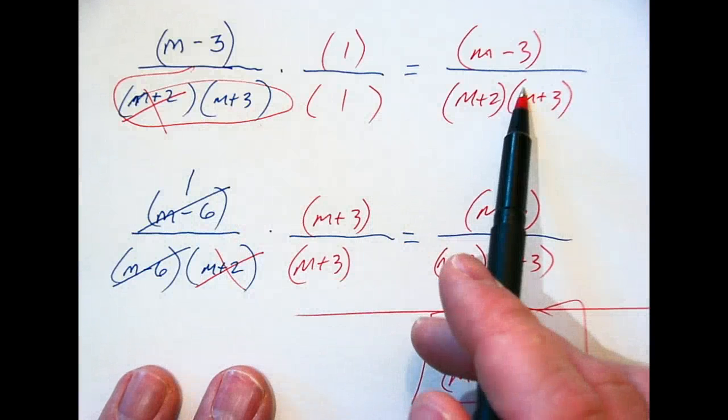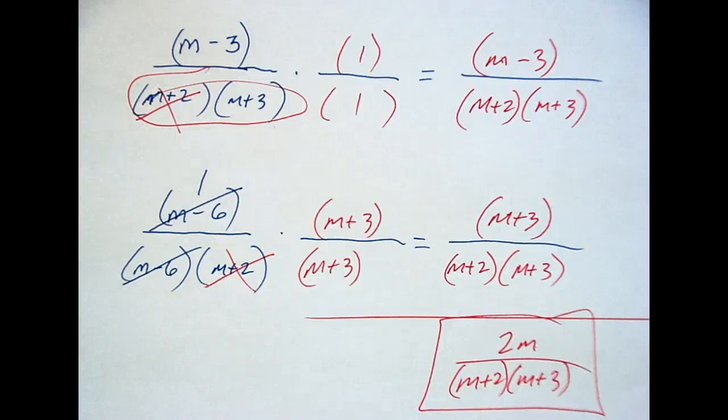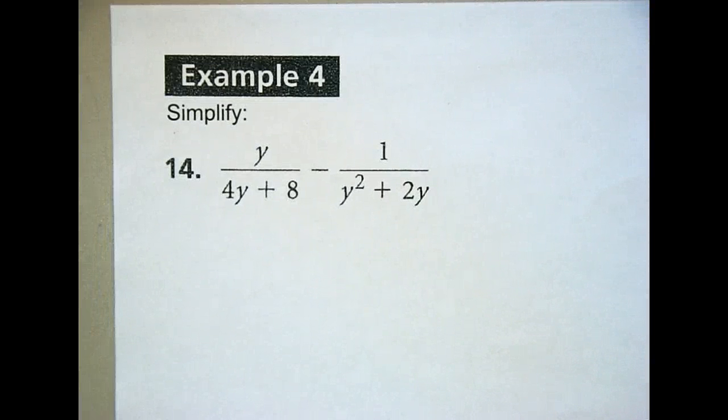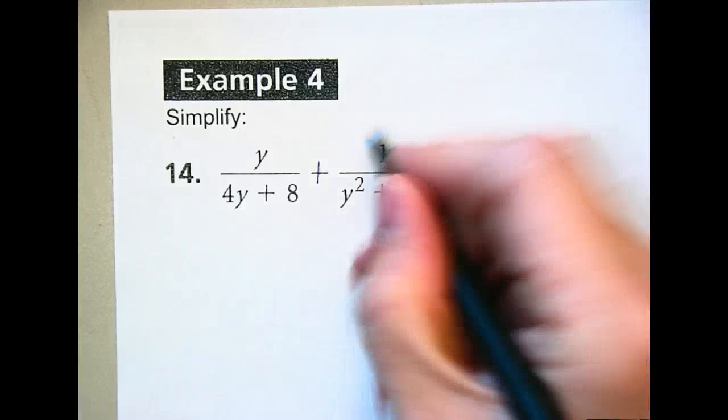Okay. All right, everyone take a look at number 14. Last piece here for today, number 14. We do not subtract. We work better in addition mode, so we are going to change this to add and make this a negative.